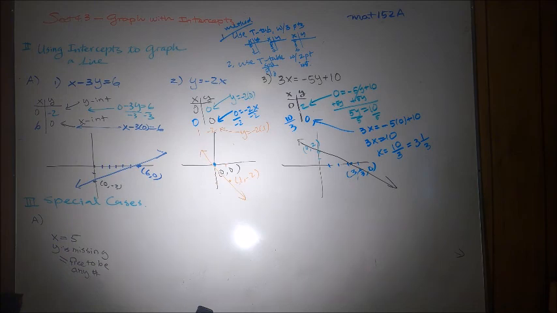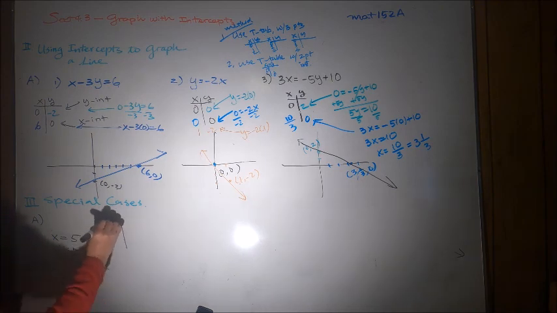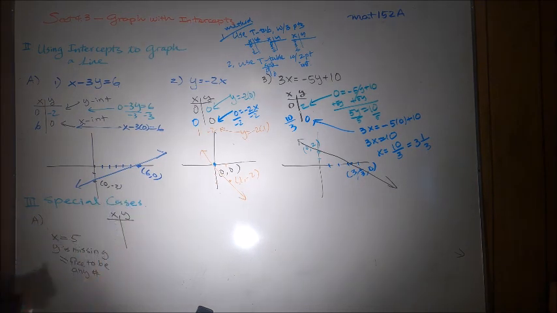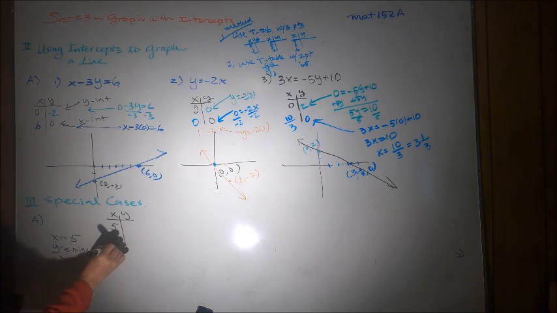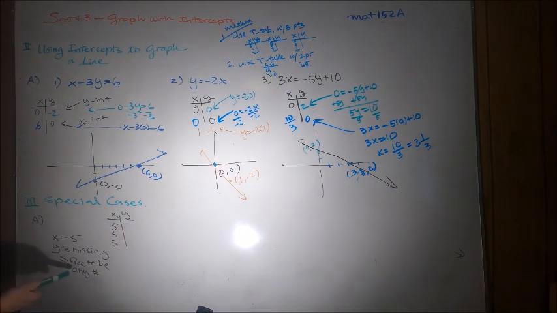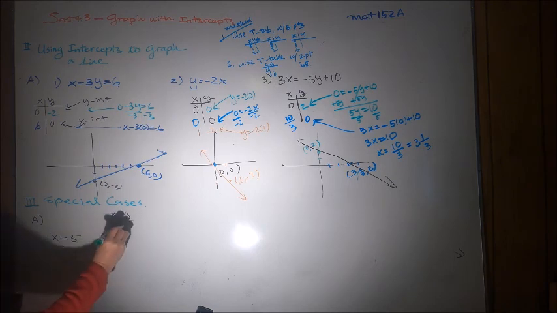Okay? So if we graph it, we use a t-table. How does it look like? So what kind of things do you have to put in x? It says 5. You cannot put a 0, 1, 2. So you have to put a 5, right? Then how about y? Y is missing, can be anything. How about we put a 1, 2, 3? Can we do that?